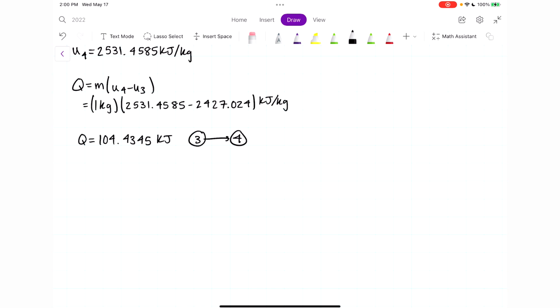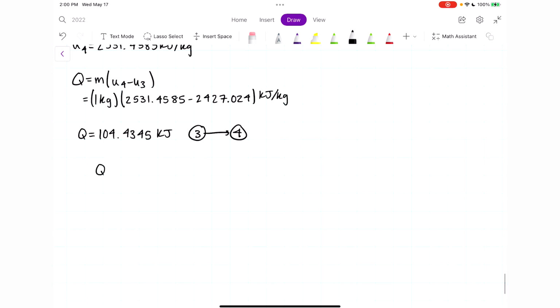Perfect. So the total amount of heat added is going to be the heat added from state 1 to state 2, plus the heat added going from state 2 to state 3, plus the heat added going from state 3 to state 4, and that's going to give us our Q total.